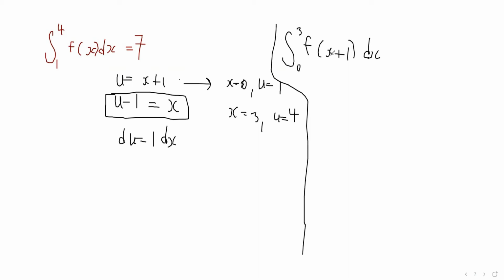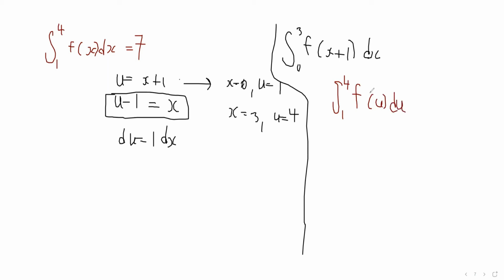Now this is going to become, replacing x plus 1 with u, the integral from 1 to 4 of f of u du. So that's what we have right here.